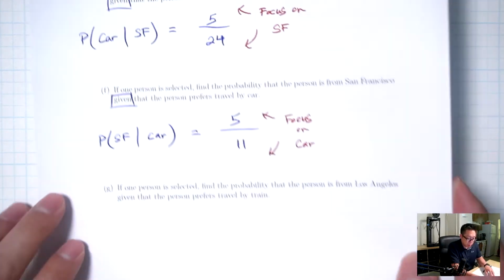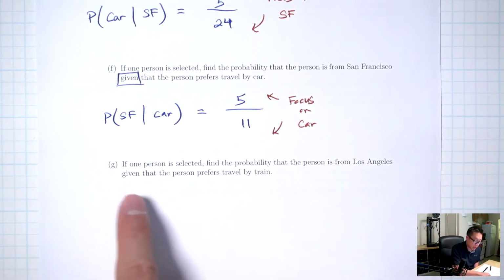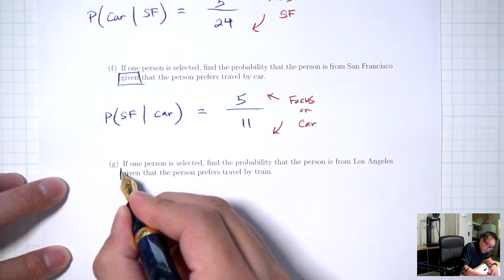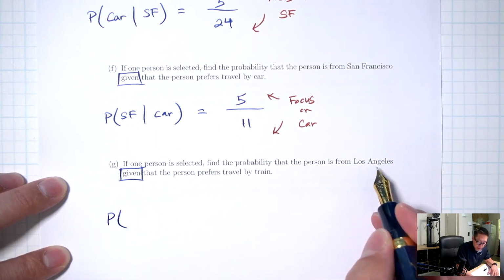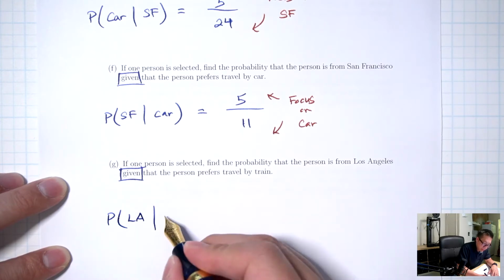All right, one more example, part G. If one person is selected, find a probability that the person is from Los Angeles, given that the person prefers travel by train. So once again, I see the word given. Okay, in symbols, I want Los Angeles, so LA, given train.